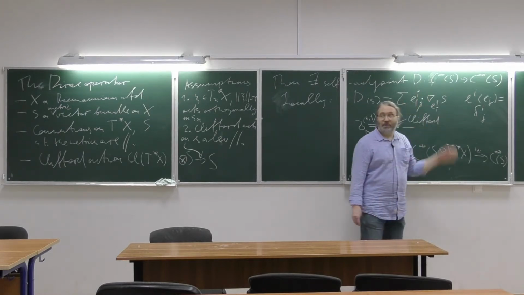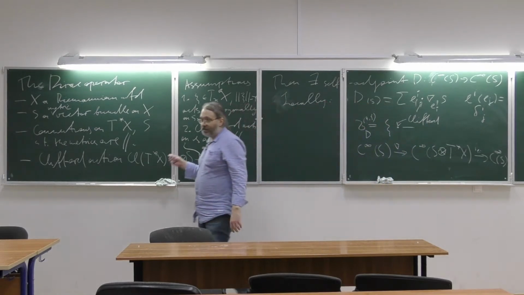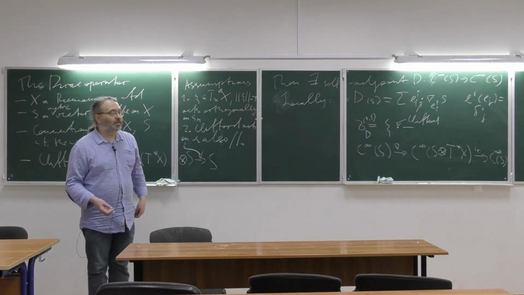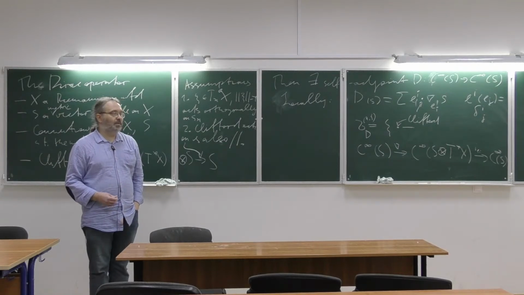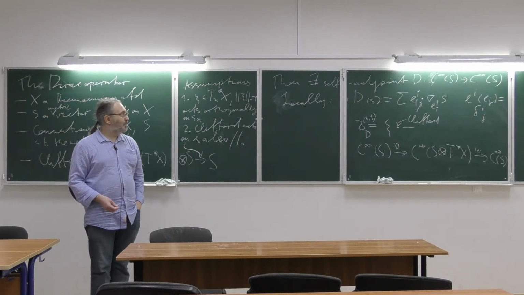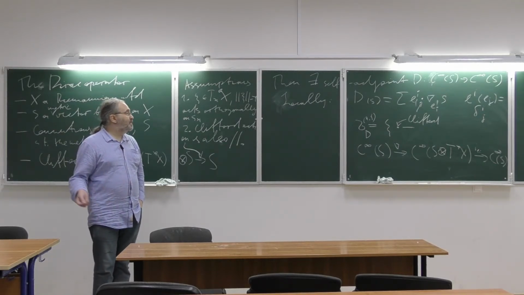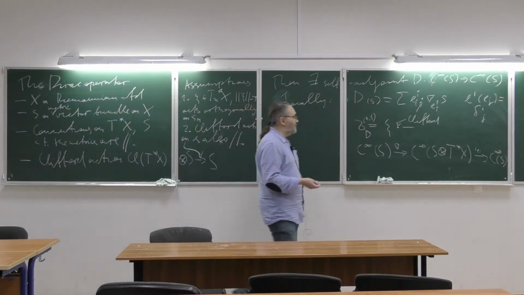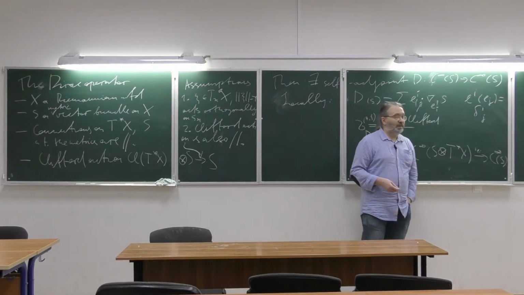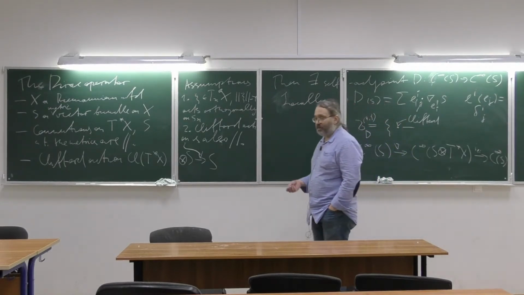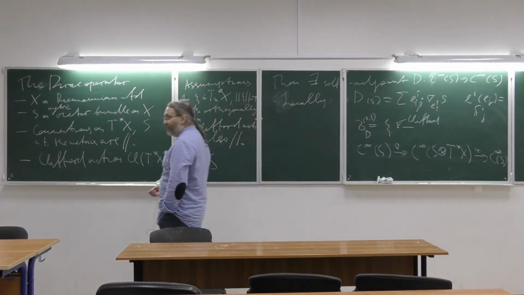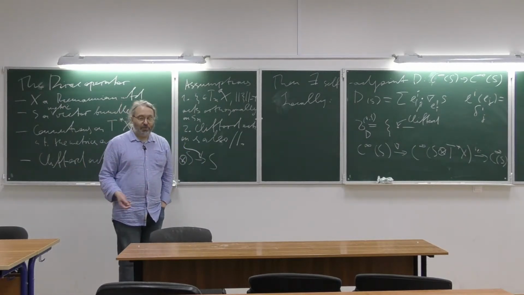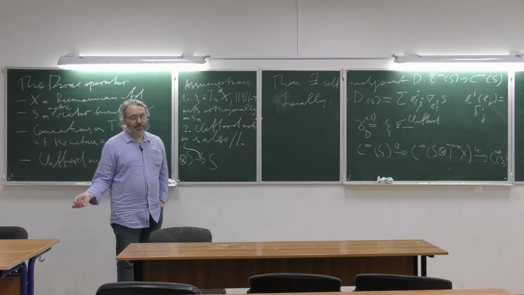Using that action? Using the Clifford action, yes. Well, the formula is not very illuminating, and there might be a better way to define this operator, which I'm not aware of.